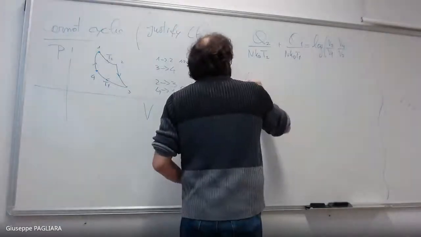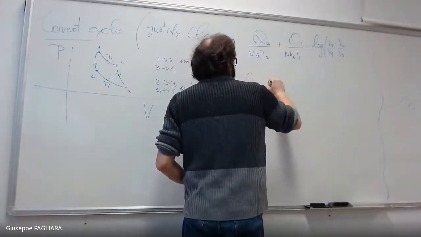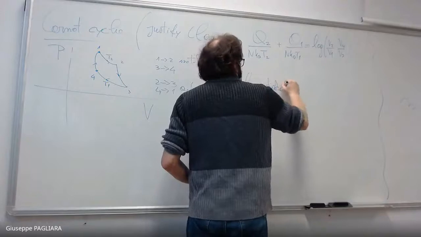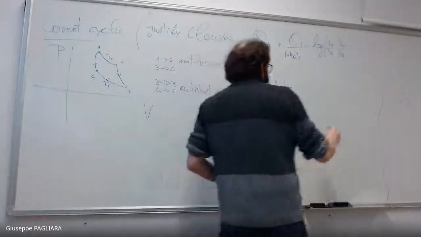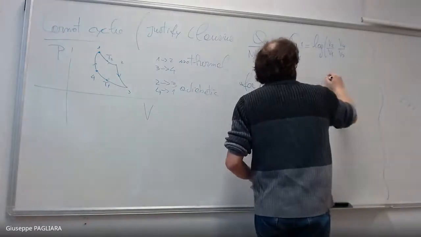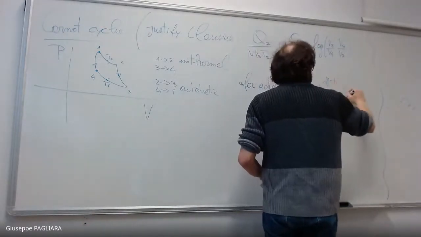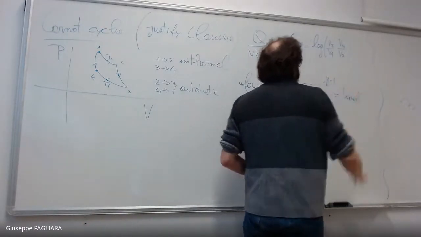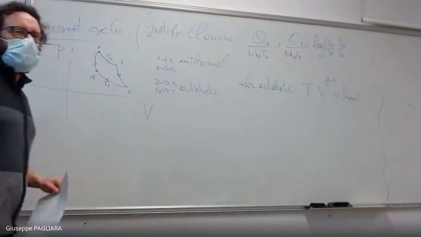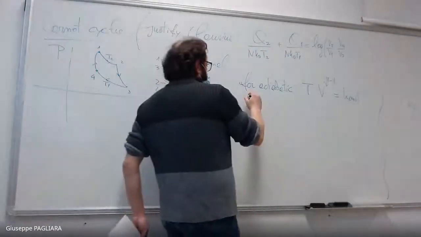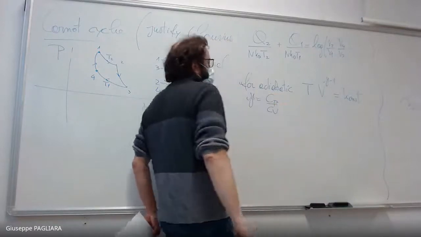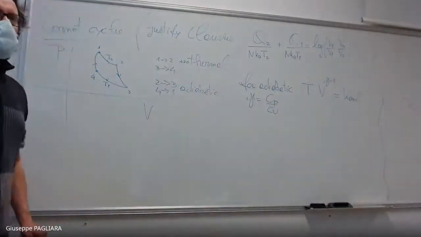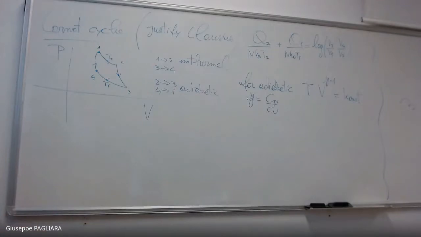So for the adiabatic, I know that TV to the gamma minus 1 is constant along the adiabatics, where gamma is the adiabatic index. Gamma is equal to Cp divided by Cv, the ratio between the heat capacity at constant pressure and the heat capacity at constant volume. Okay.